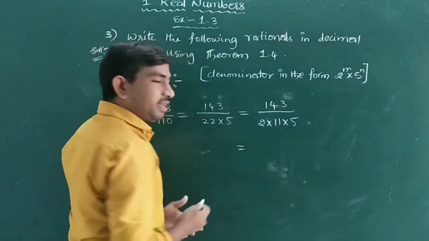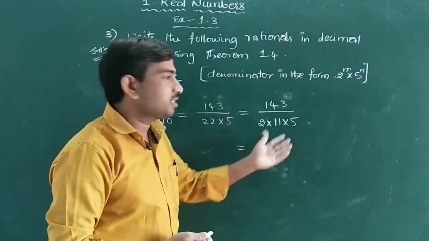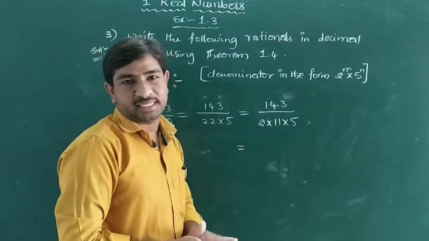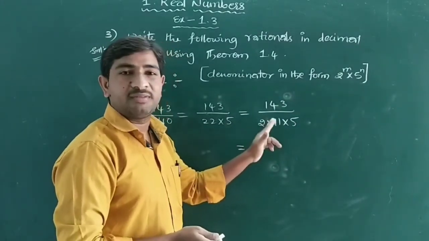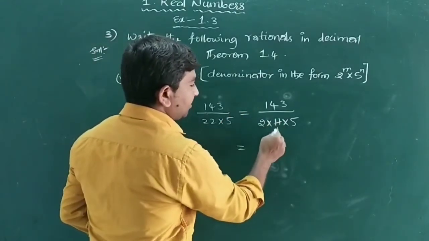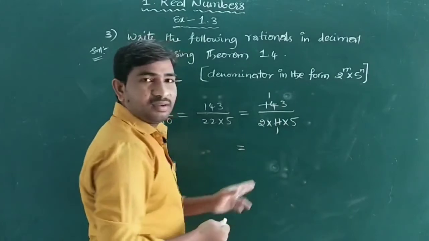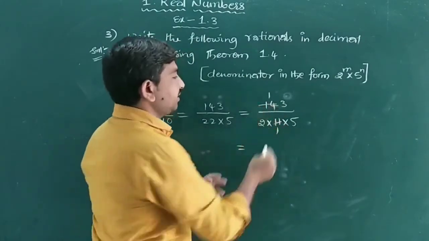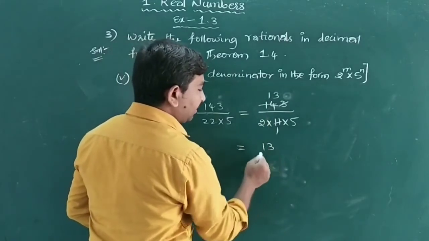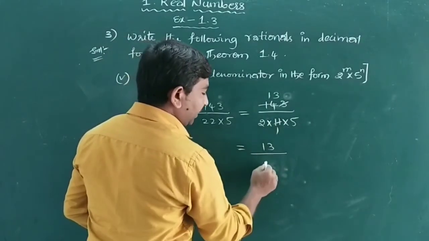Now in the denominator place we need only 2 power m into 5 power n, but 11 is there extra. That's why we have to remove this 11. By cancellation, 11 1s are 11, 11 3s are 33. What is the numerator value now? 13 by 2 into 5, 10.